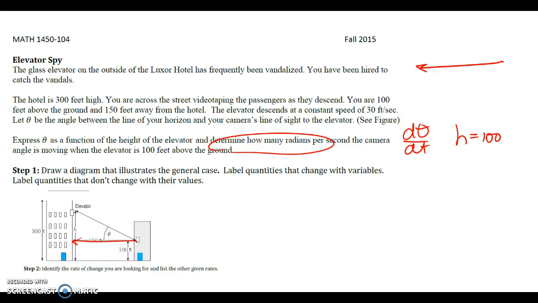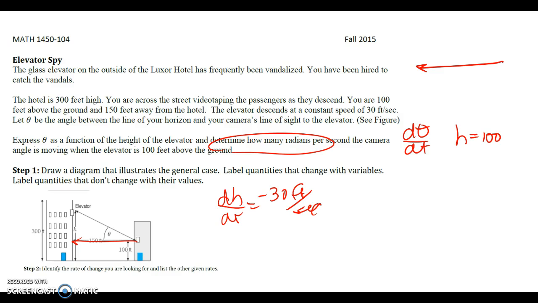All right, so let's see. Identify the rate of change you're looking for. We want d theta dt when h is 100, and we know dh dt equals negative 30 feet per second. Again, we're going to use the tangent of this.